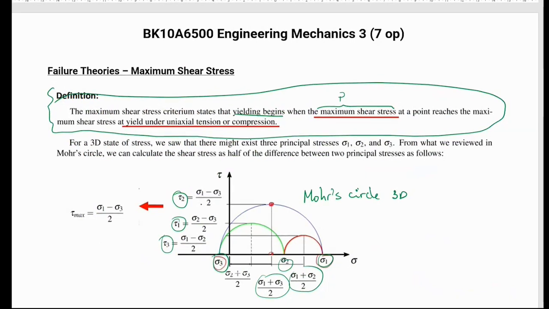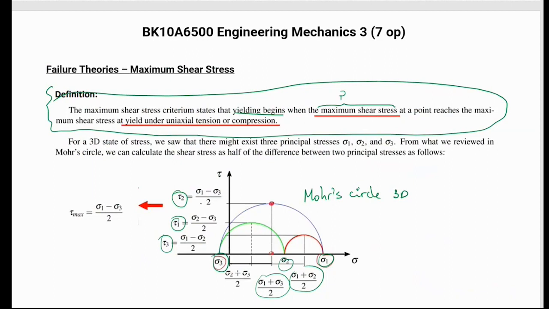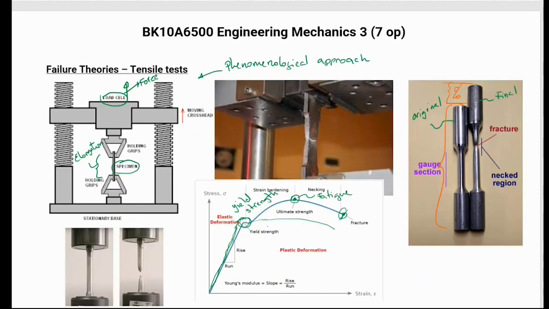And then this one you have seen, but just going over it, because now we have a 3-dimensional case. When I'm conducting a tensile or compressive test, when it breaks here, at this yield strength, at this point of the loading of the specimen, you're going to have a stress tensor at some point here, and that stress tensor is going to have normal stresses, and it is going to have shear stresses.